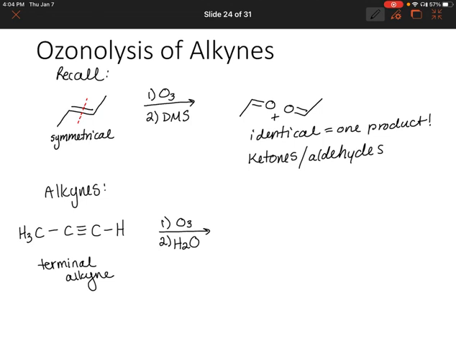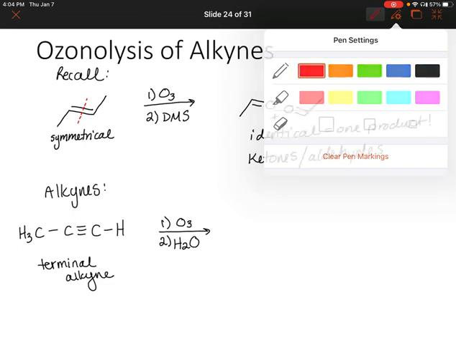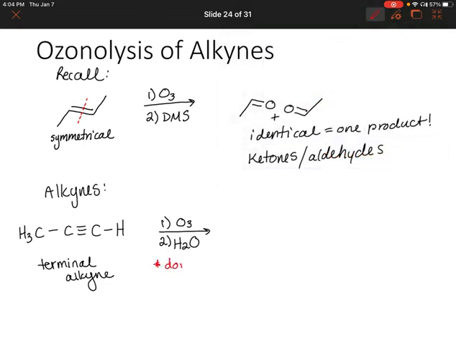Now you'll notice that instead of DMS or zinc as my reducing agent, I used water. So when we're performing ozonolysis with an alkyne, we actually don't need a strong reducing agent. So we can just use water, which is readily available and greener to use. So let's just make a note of that. So we don't need a strong reducing agent.